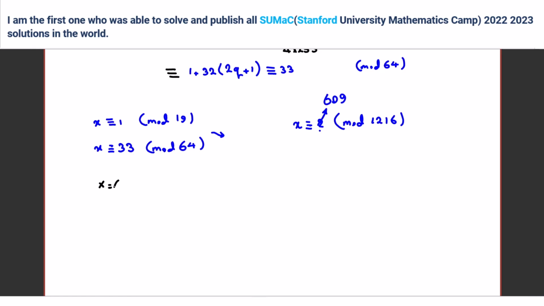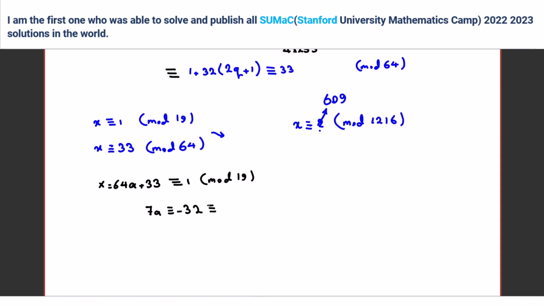Okay. So it is 64a, for example, plus 33, right? Then it is 1 mod 19, right? So 64 mod 19 is what? 7. Yes. Minus here 32, right?